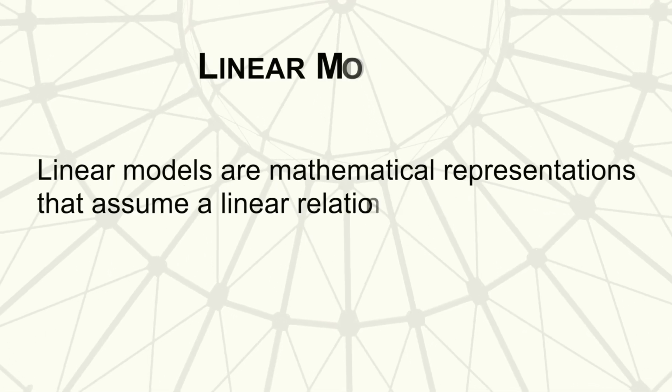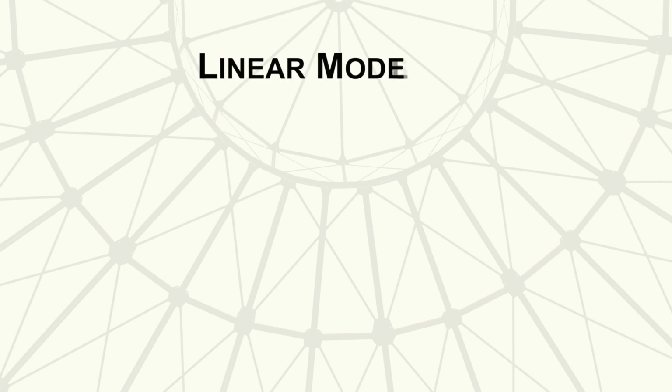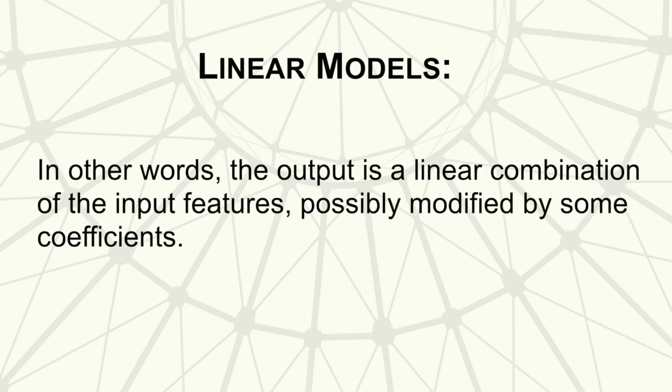models. Linear models are mathematical representations that assume a linear relationship between the input features and the target variables. Linear relationship means it will increase linearly, gradually with respect to time or with respect to any other independent variable. In other words, the output is a linear combination of the input features, possibly modified by some coefficients.